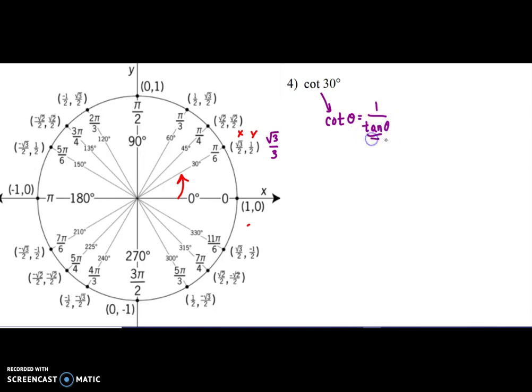So I know I'm thinking about tangent, so that's what I'm grabbing. So if I'm looking at the cotangent of 30 being 1 over, well, what's the tangent of 30? It's this, so 1 over that. So let's change it. 1 over 1 times, we're taking the reciprocal here because we're multiplying by that instead of the division.